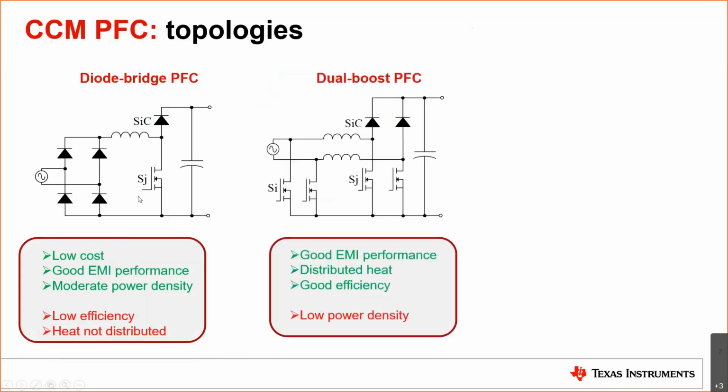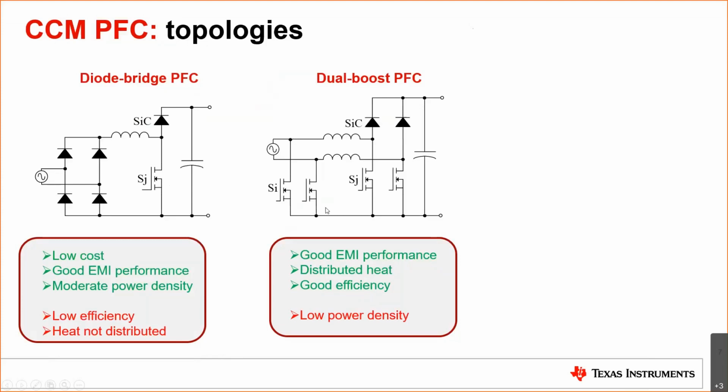As next one, definitely for power designs that go higher than 1 kilowatt, you will see a dual boost PFC more commonly. It's basically based on 2 individual boost stages. So we have an additional inductor and then basically 2 PFC stages.